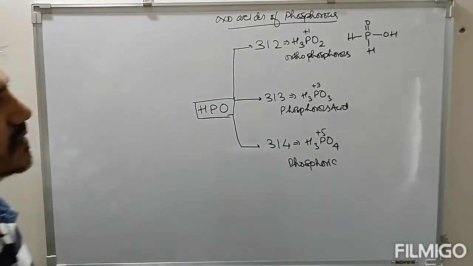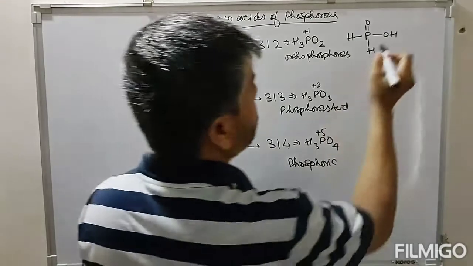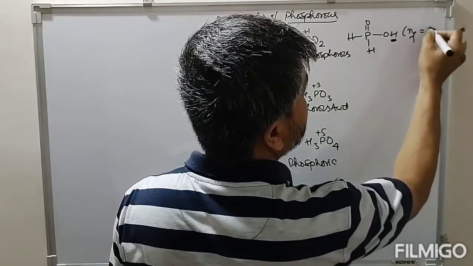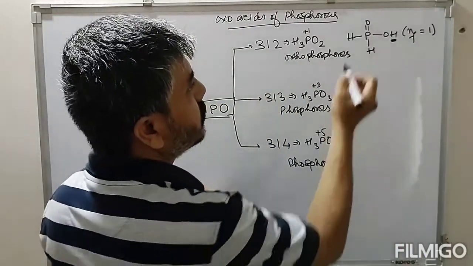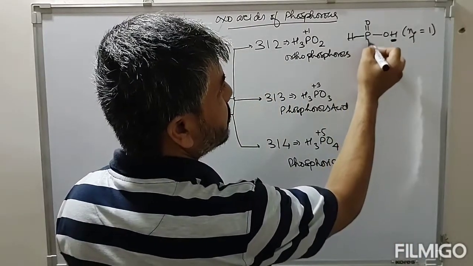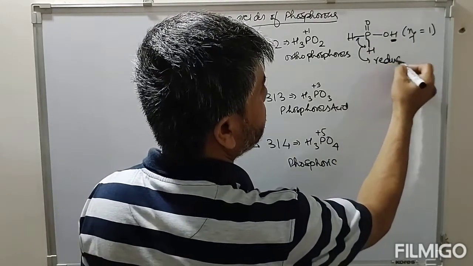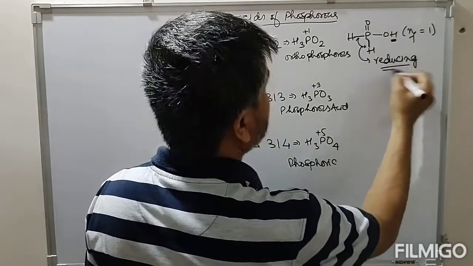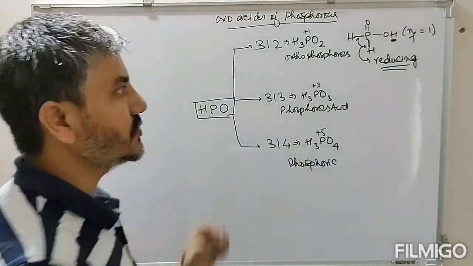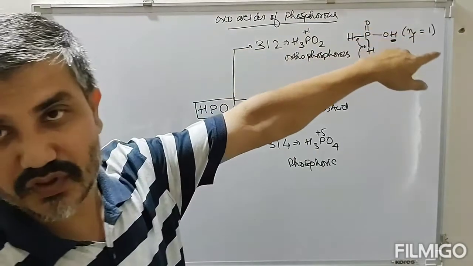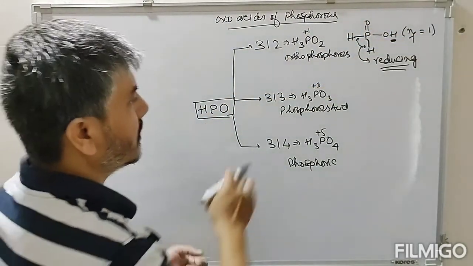So we have this. This contains only one ionizable H plus ion, so the n factor is 1. Now due to the presence of this direct phosphorus-hydrogen bond, this shows reducing property. So this H3PO2 is a reducing agent due to the presence of hydrogen directly bonded to phosphorus.